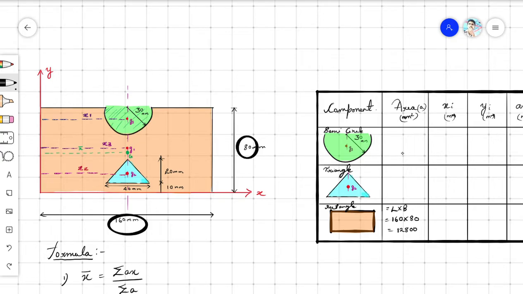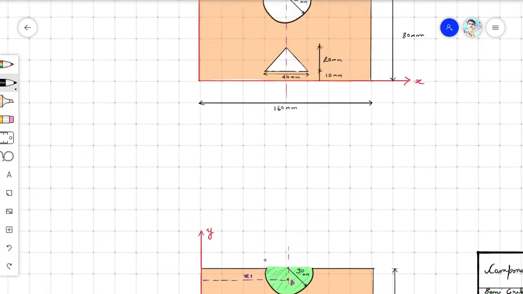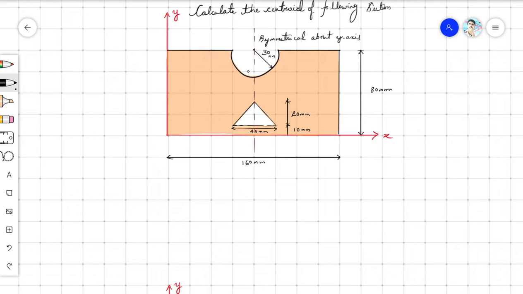And the second thing is this semicircle. What's the area of a semicircle? That is pi r square by 2. But this area is not present in this body, if you see this above, the area is not present.